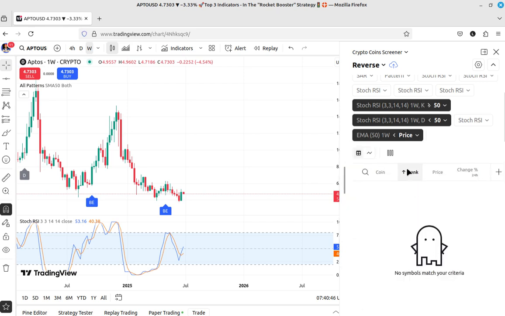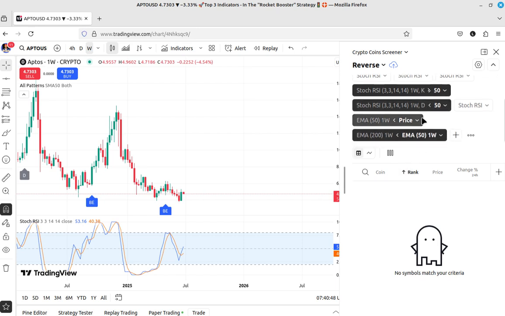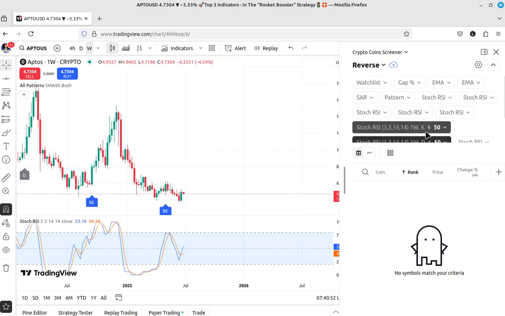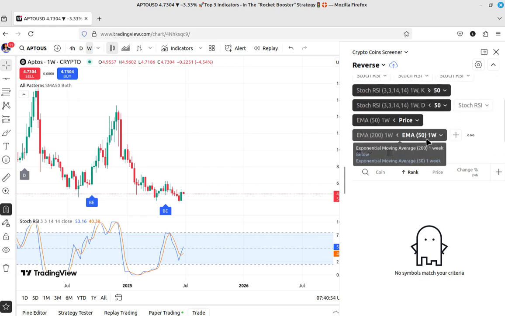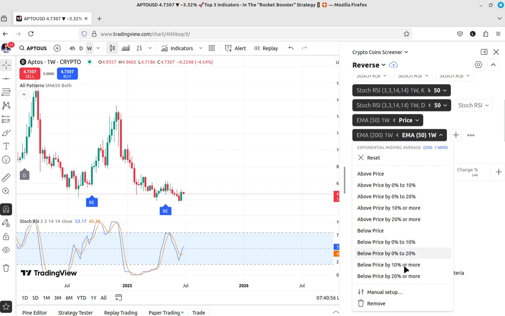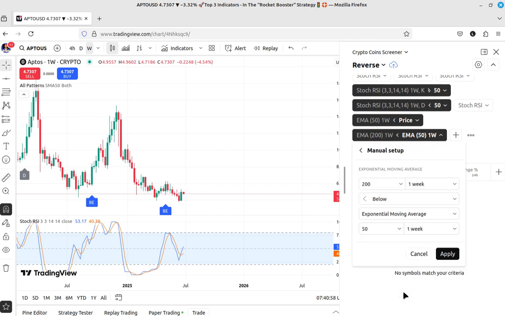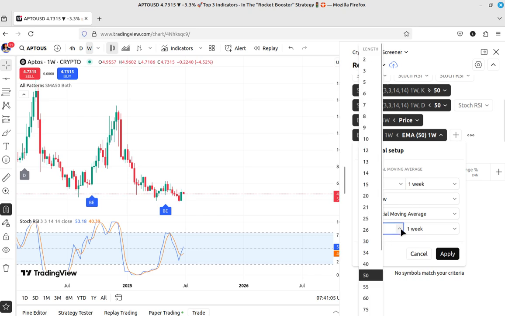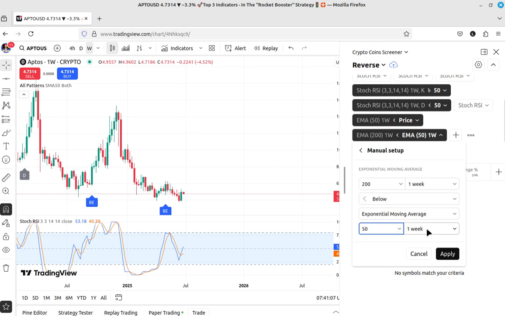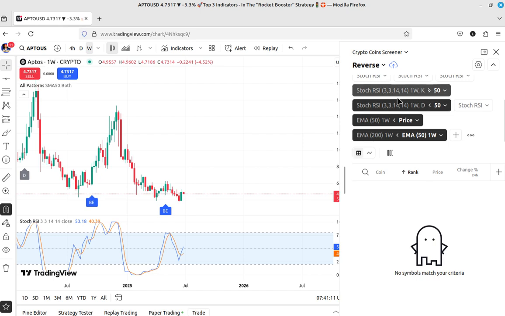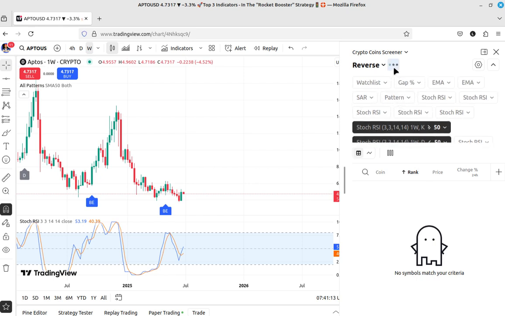Wow, okay. We do not have anything because I told the 200-day moving average to be below the 50 day weekly moving average, and we haven't found anything.